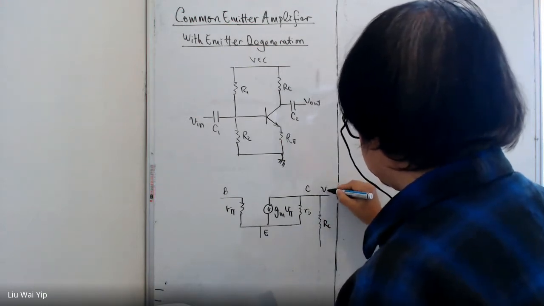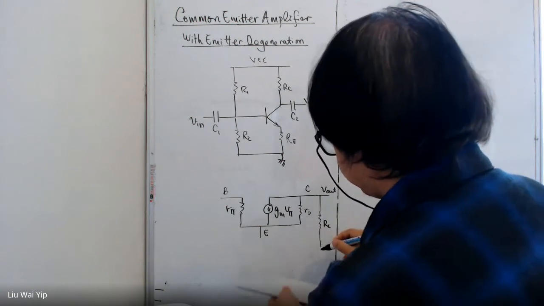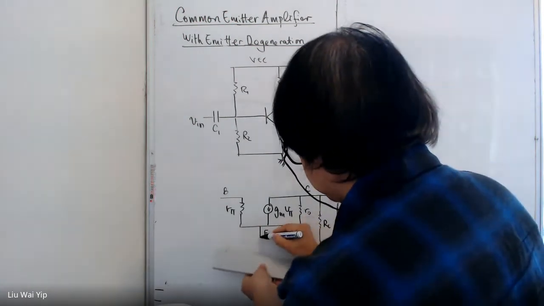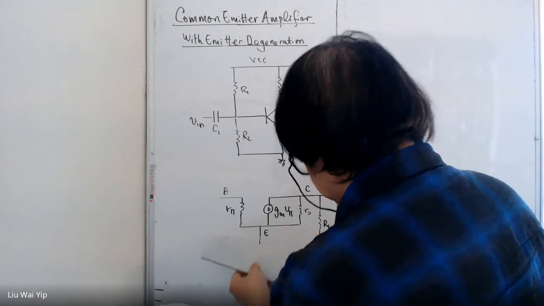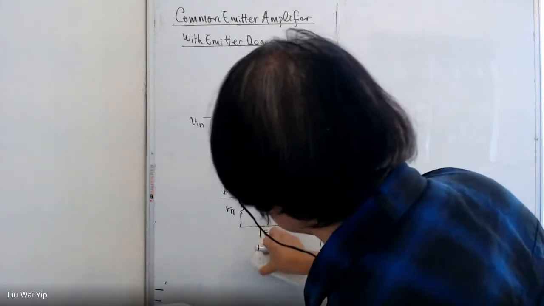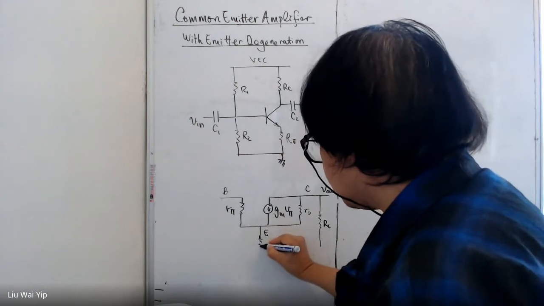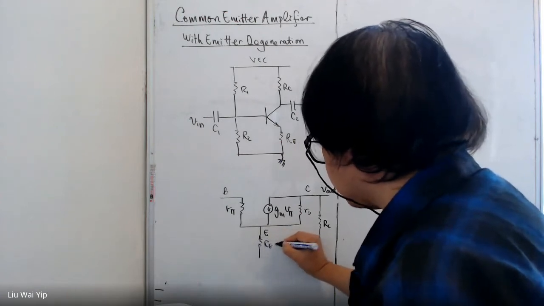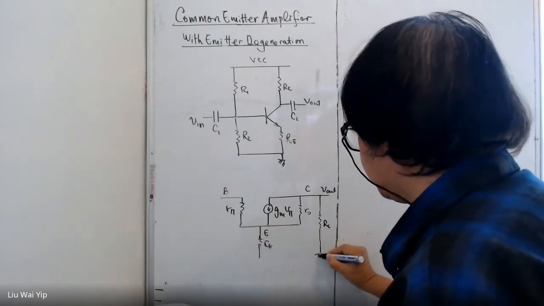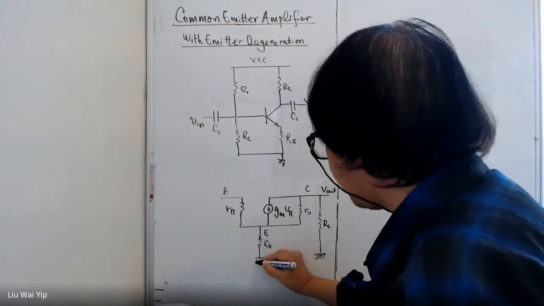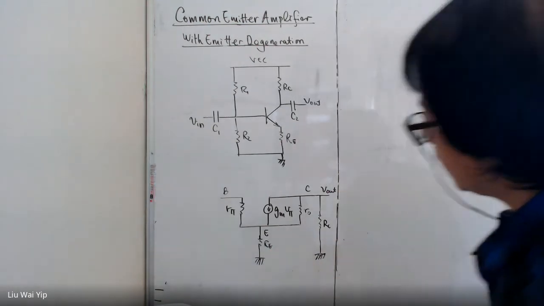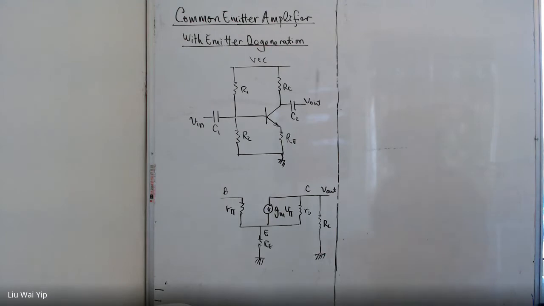And this one is going to be connected through a resistor to ground. So it's not a trivial change. By adding a little resistor here, the whole circuit undergoes a very substantial change.